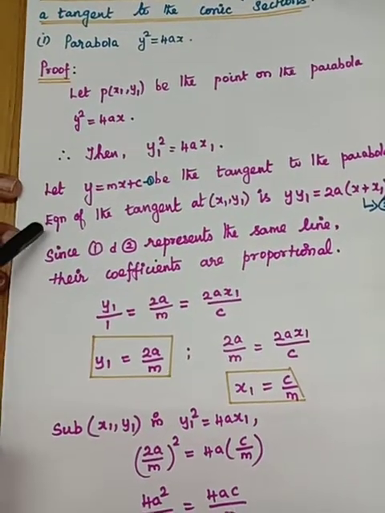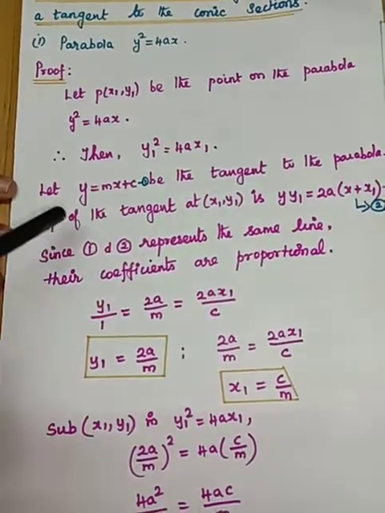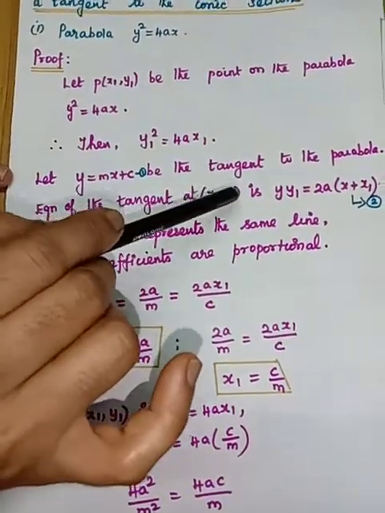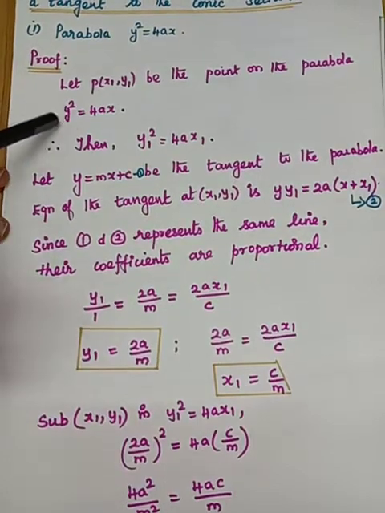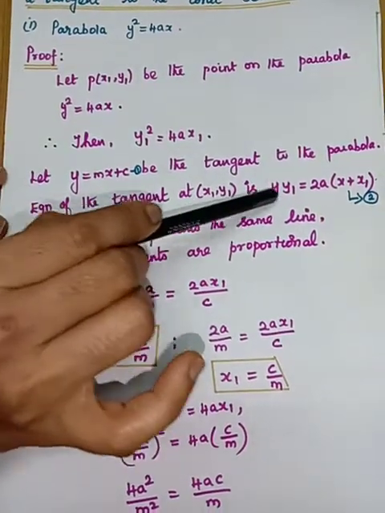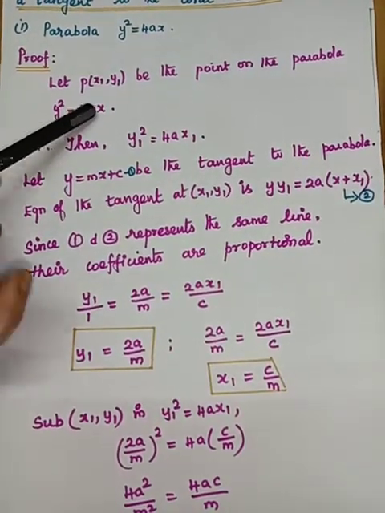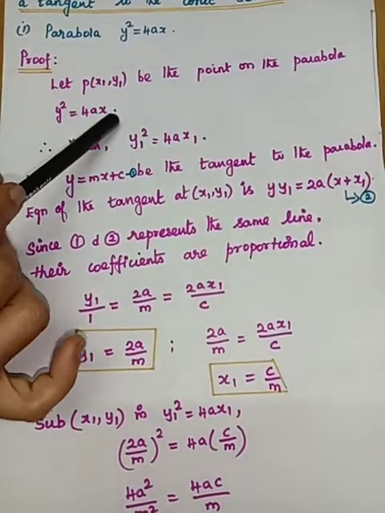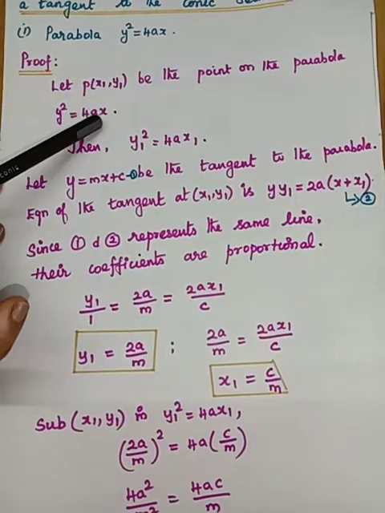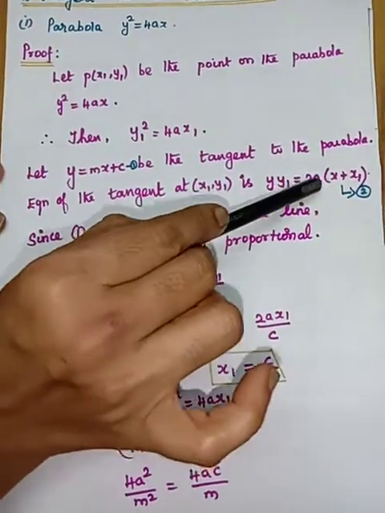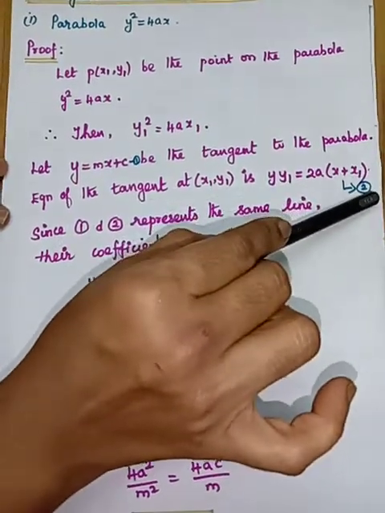Following the same method, y² is replaced by yy1, which equals 4a into half into (x + x1). The 2 and the 4 get cancelled, so you have 2a(x + x1).